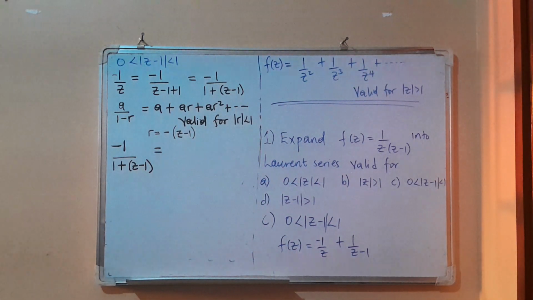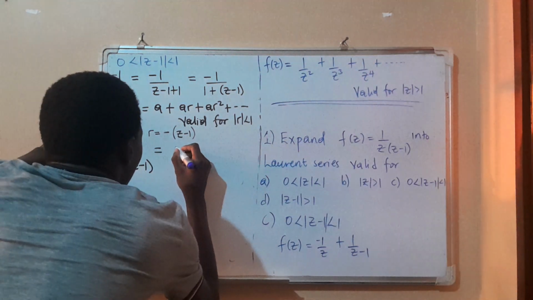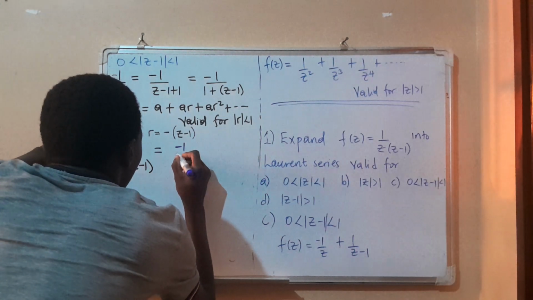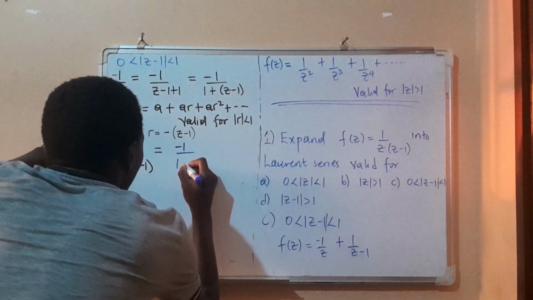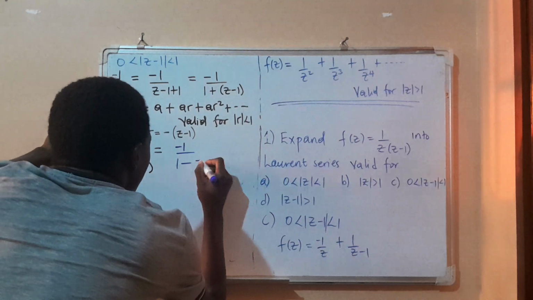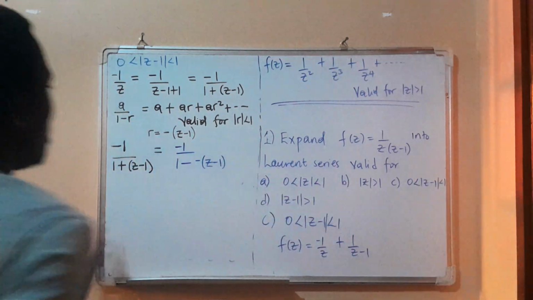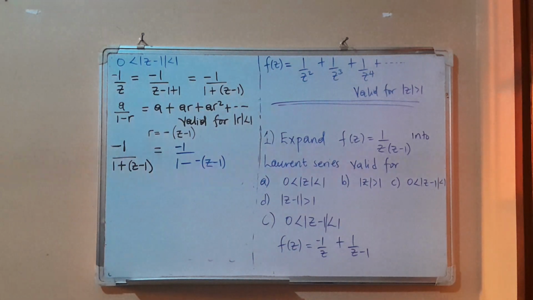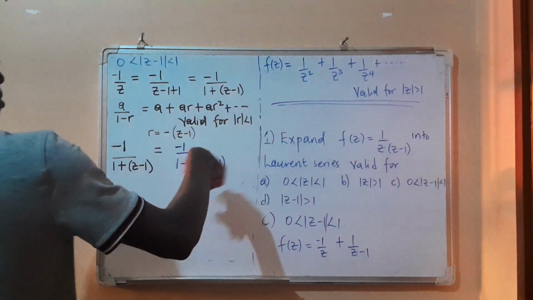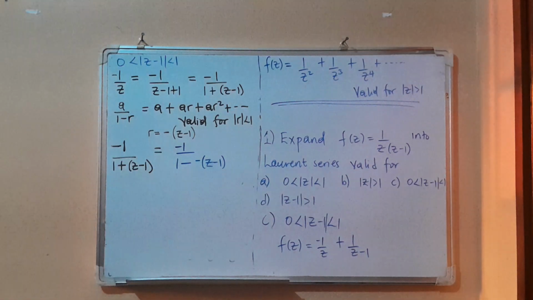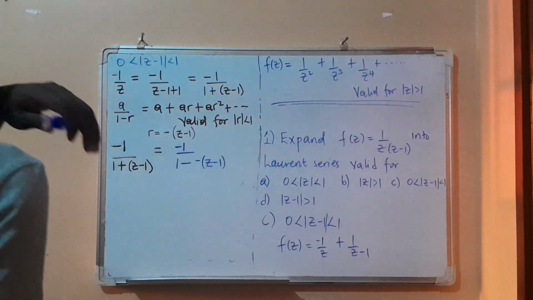I hope you agree with me that that is r, because I can write this as negative 1 over 1 minus negative z minus 1. So r is now this. There is a negative up.